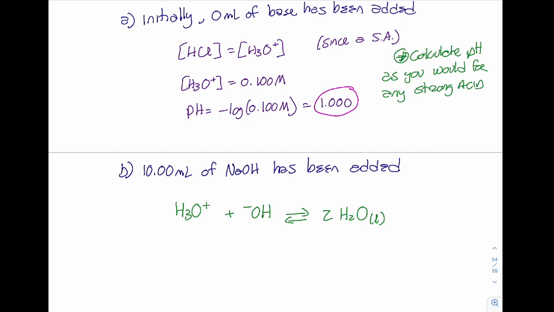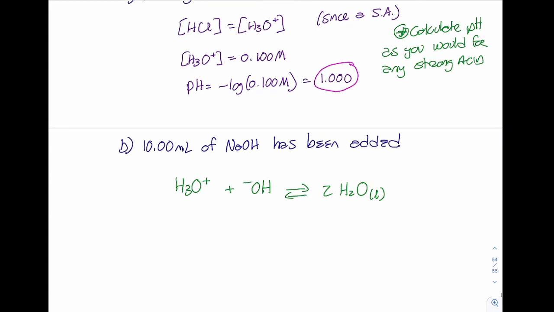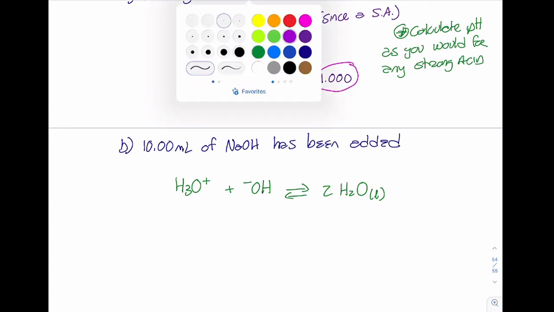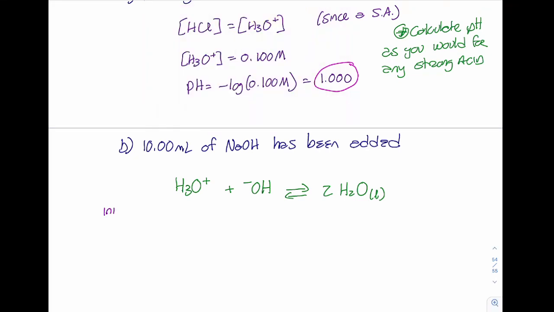So I'll write the steps after, but step one, write our neutralization reaction. We're going to make a change table, but we're going to use moles or millimoles instead of using molarity, instead of using concentration. So I'm going to have my initial number of moles, and again, I'm going to use millimoles. If you want to convert between milliliters and liters every time, go for it.